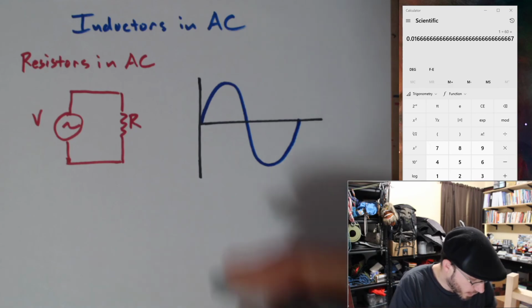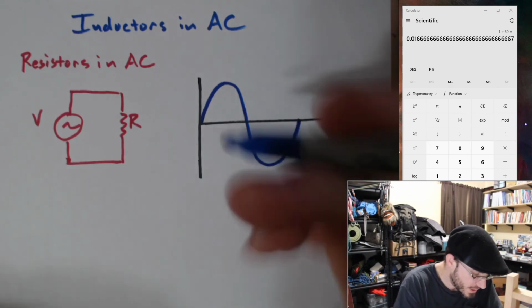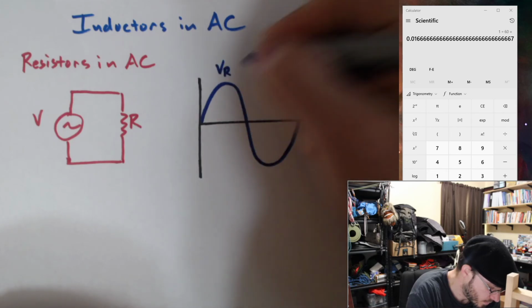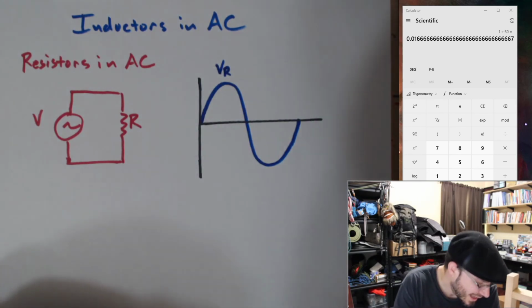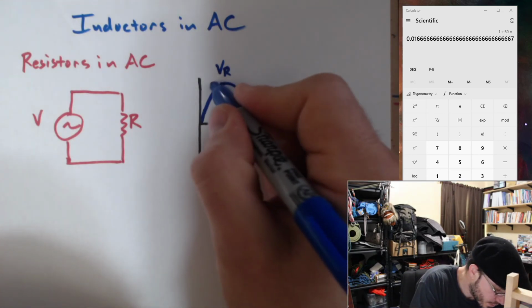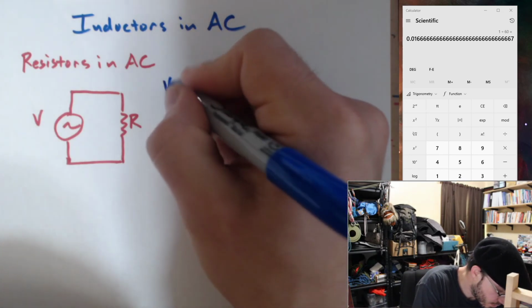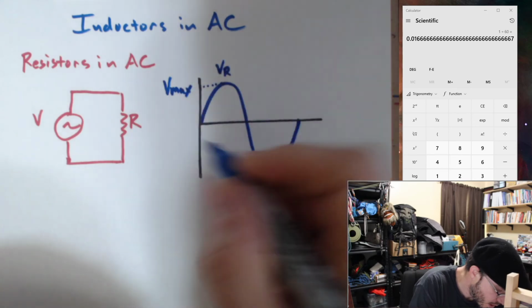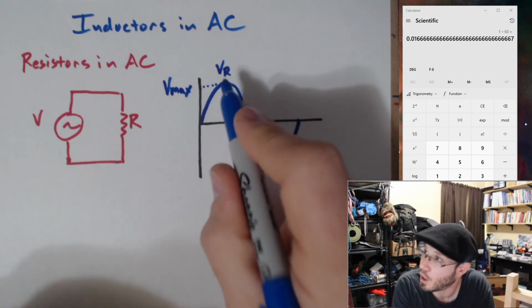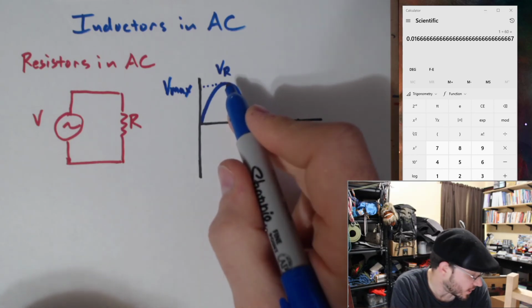Over here we have our voltage applied to the resistor. And I'll go ahead and just call this V max, or V peak, the maximum voltage that you go ahead and apply to this resistor.